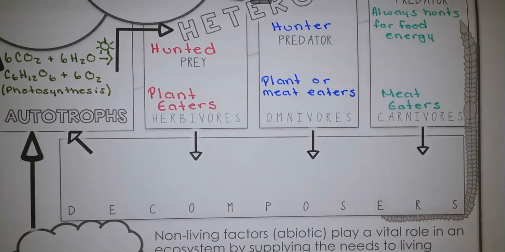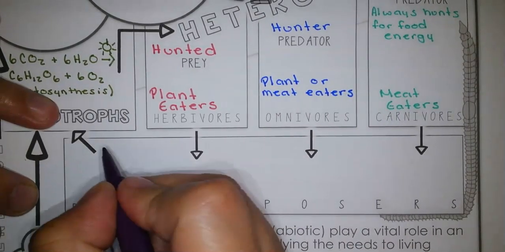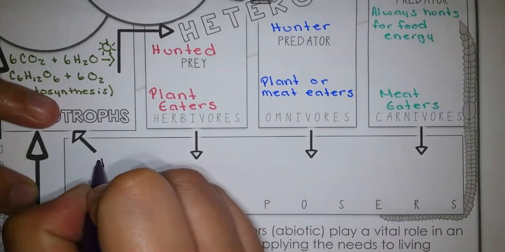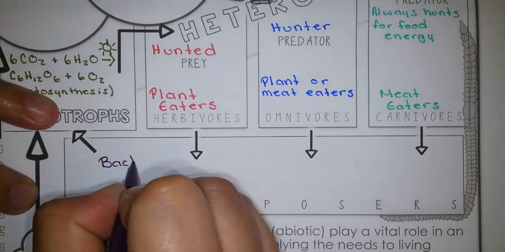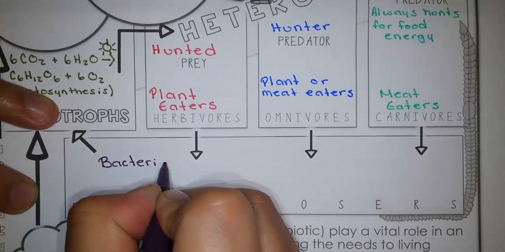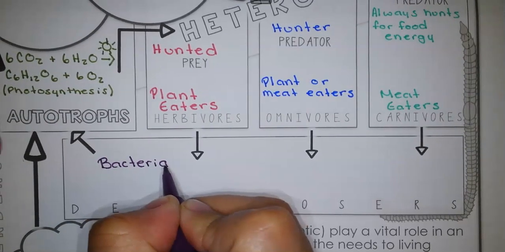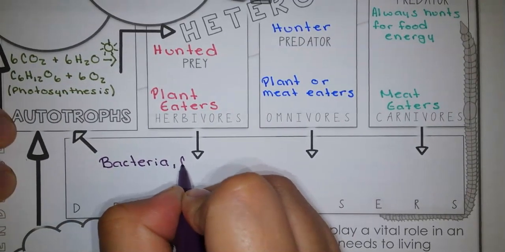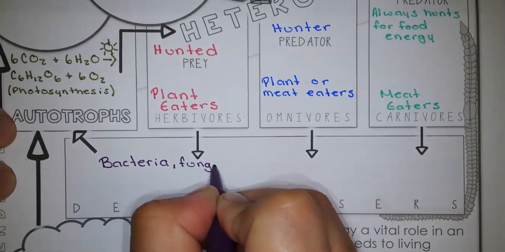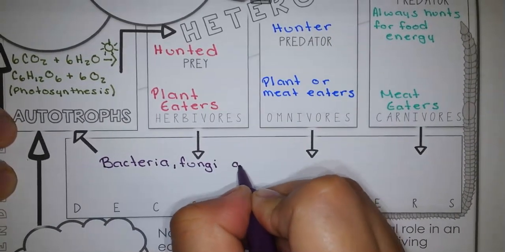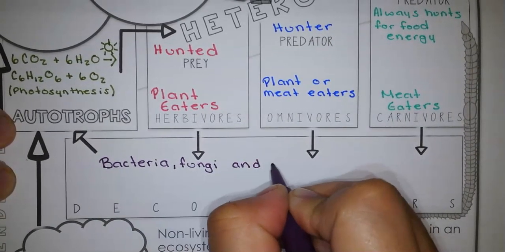Decomposers are, for example, bacteria, fungi, and earthworms.